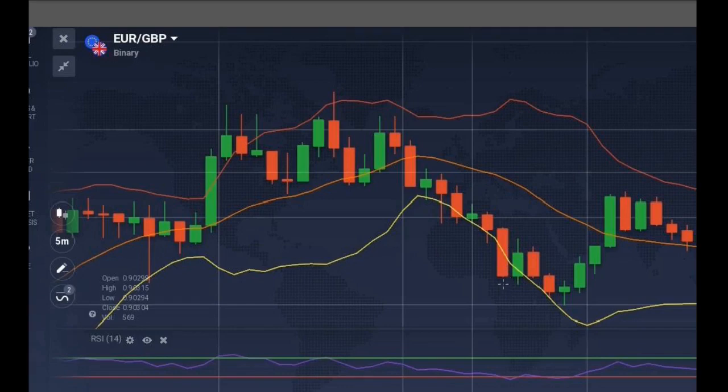You see price moved down and it moved out of the Bollinger Band, and so you're waiting for a corresponding move out of the 30 RSI level, which happened here. And so you want price to retrace back into the Bollinger Band, which happened over here.